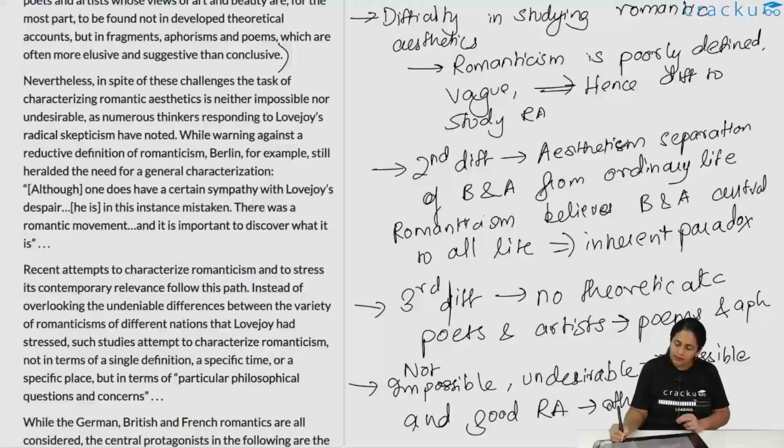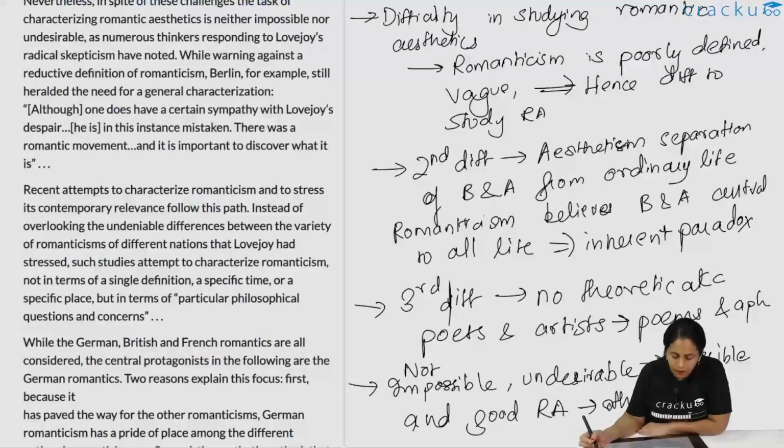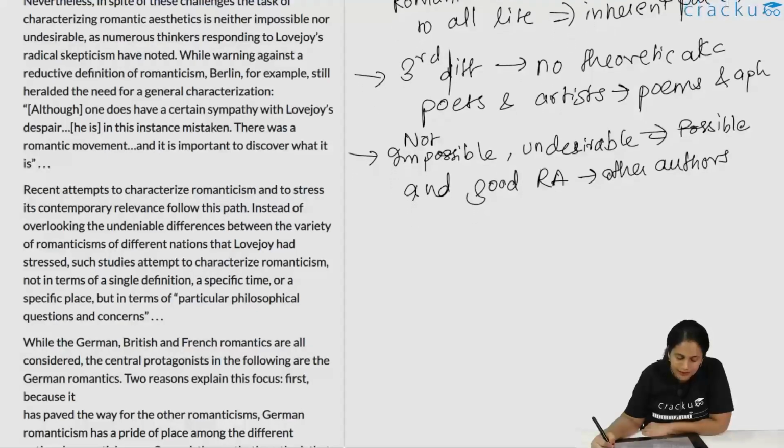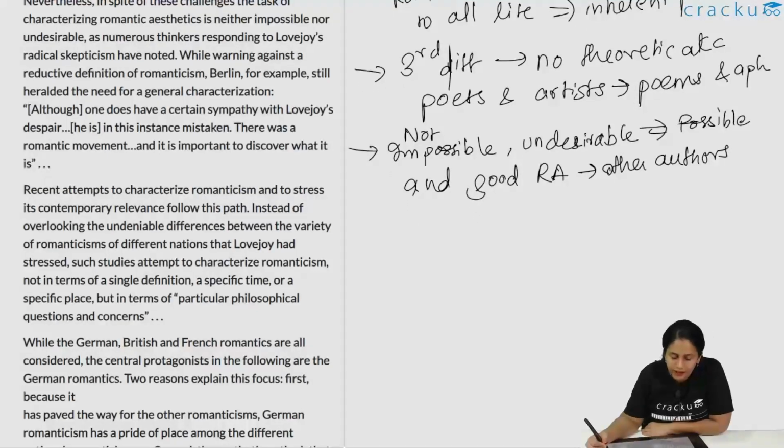Okay. Now let's take a look at the next particular part. Have noted, while warning against a reductive definition of romanticism, Berlin, for example, still heralded the need for a general characterization. So he said that you should not have a reductive definition. Reductive basically means you shouldn't oversimplify it. Oh, romanticism is basically having a rosy picture of everything.